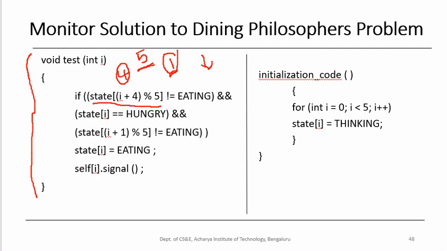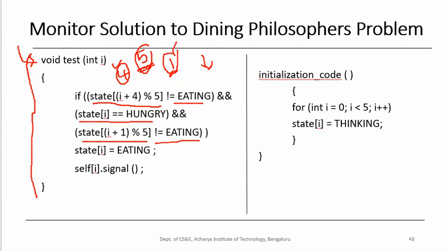How to make sure? We will check that the state of I plus 4 modulus 5, that is 4, is not eating, and the state of I plus 1 modulus 5, that is philosopher 1, is not eating, and this particular philosopher is hungry. Of course, before passing the control to this procedure, we would have made his state hungry.